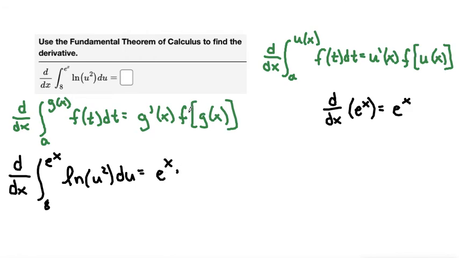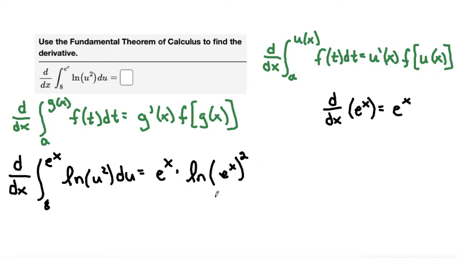Then I multiply that by my f function, which is my ln u squared, but plugging in g. So instead of writing u, I'm going to write e to the x. So that's times ln of e to the x, but then I need to square that because my u is squared. Okay, so this is my formula.